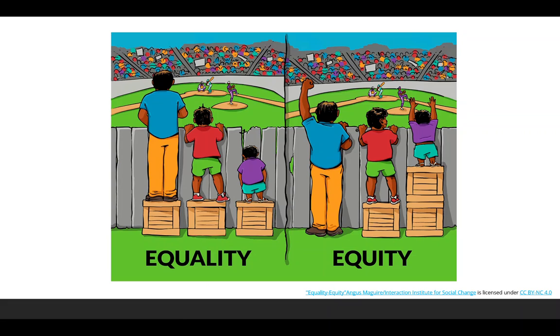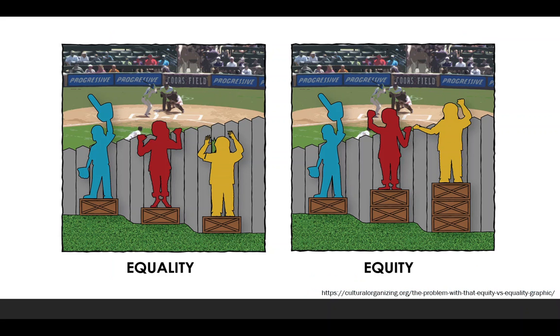And so people have created this version where they show that maybe the problem is not necessarily the person's height, but it's the change in the fence, and it's that the systems, the underlying systems, are uneven and they don't start on an even playing field. And so that helps to address some of the deficit perspectives on equity.